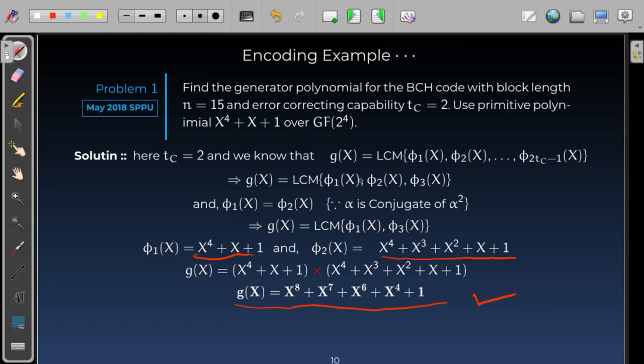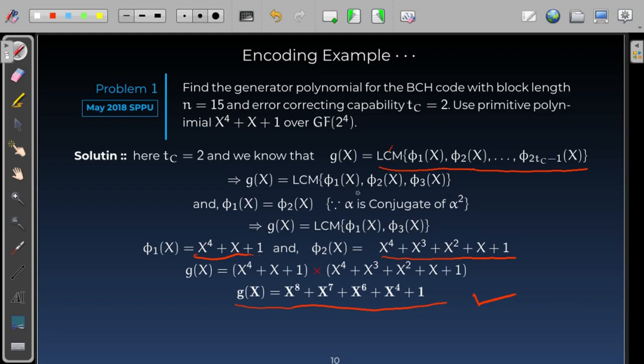So you see what are the steps involved here. The very first thing is the formula of the generator polynomial, which is basically the LCM of phi 1 of x, phi 2 of x and all the way up to phi of 2tc minus 1. Tc is the error correcting capability, which is equal to 2 here. So 2 times 2 minus 1, phi of 3 of x, right? So we have phi 1 of x, phi 2 of x, phi 3 of x, right?